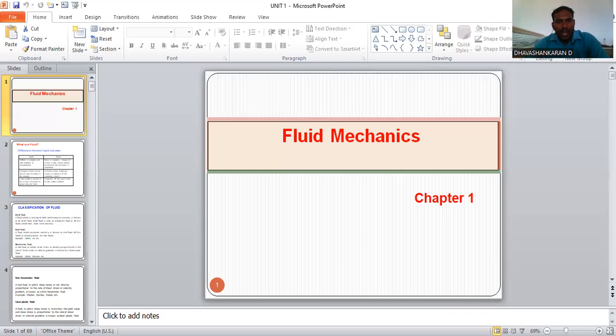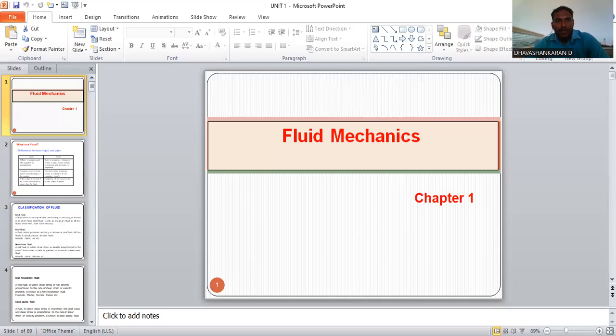The calculation is W equal to weight of the fluid divided by volume of the fluid. Weight of the fluid means mass into acceleration due to gravity, divided by volume of the fluid. So we convert this into W equal to rho into g. This is the specific weight.